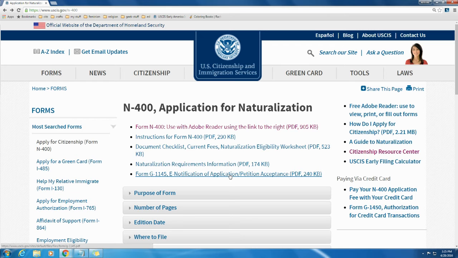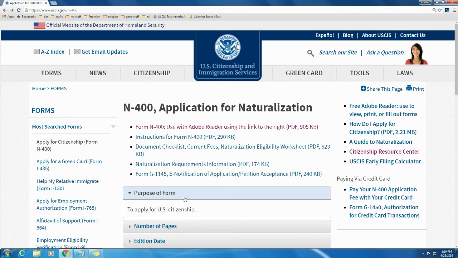Another thing you want to take a look at, just to the right, is Form G1450. This can authorize transactions on your credit card, so you can now pay for your application for citizenship with your credit card. Let us continue.